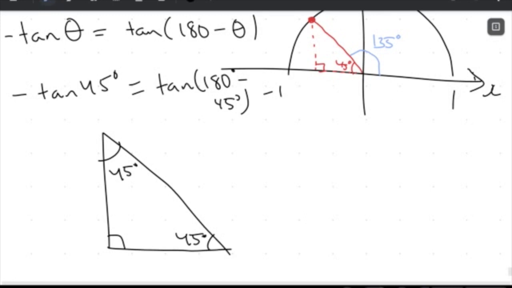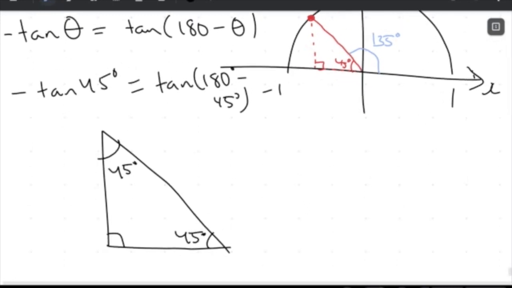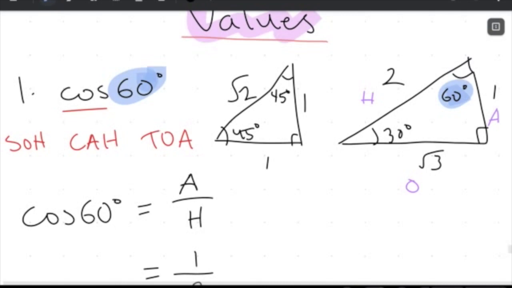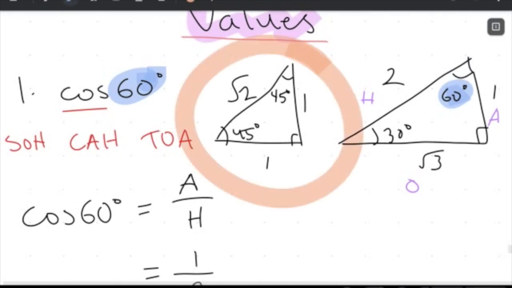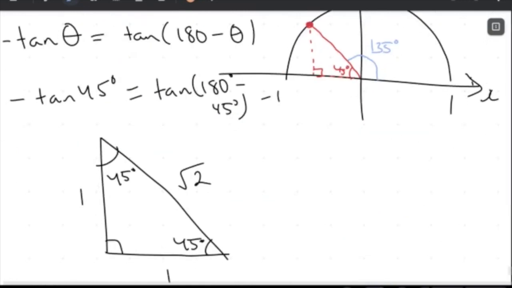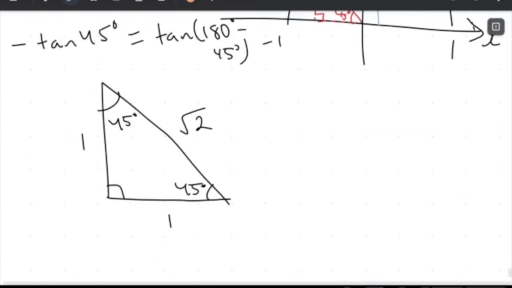And the tan of that, well, it doesn't really matter what these sides are. Now, if I draw my regular exact value triangle, like the one I have over here, I get something that looks like this. And I can find the tan of 45.